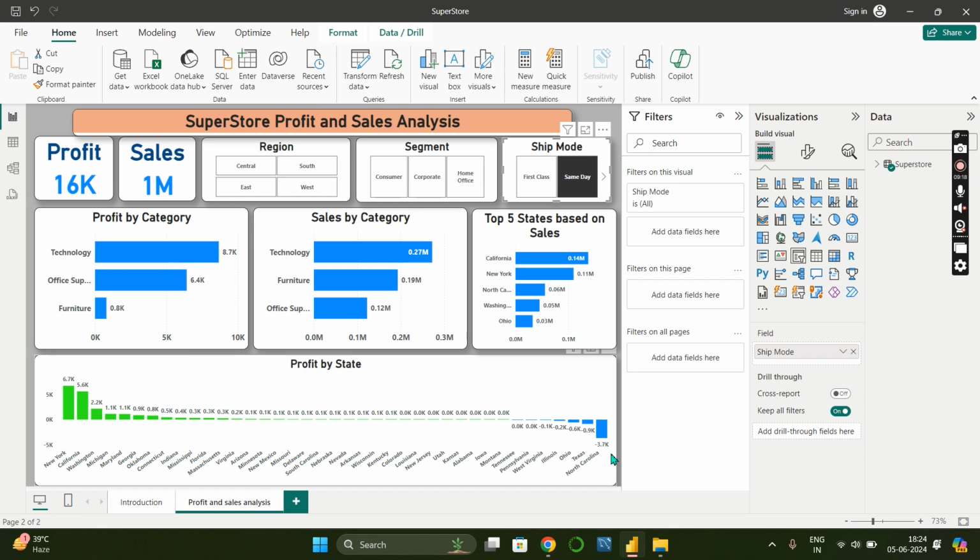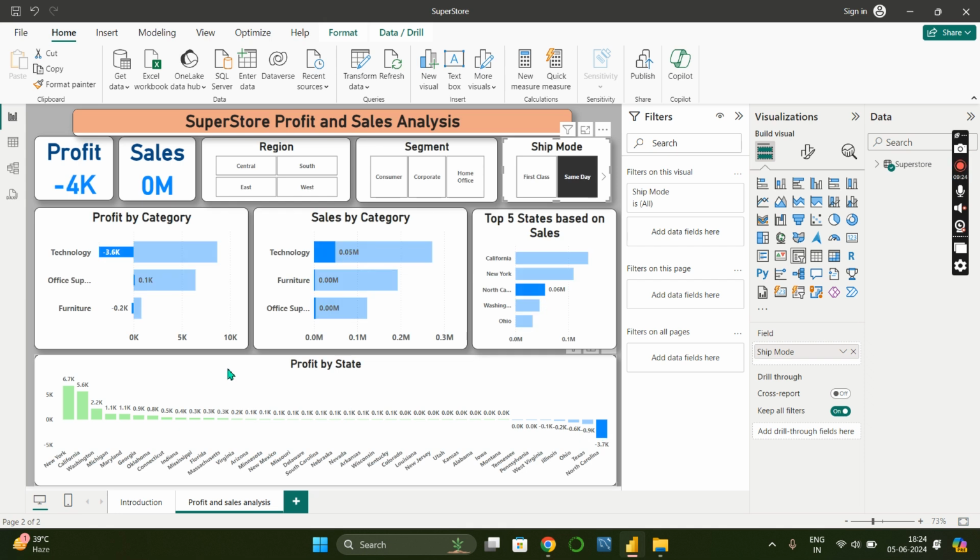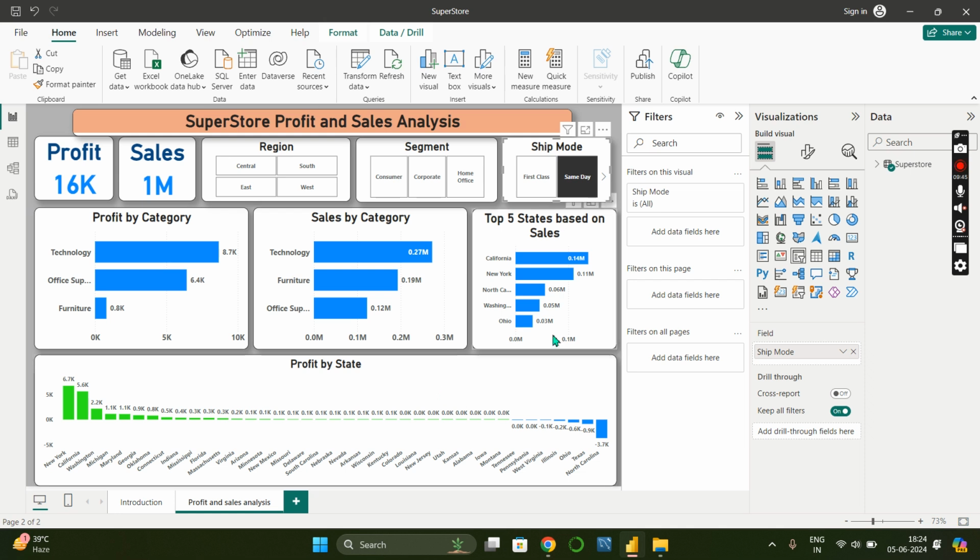Regarding states, some states are showing loss in the profit contribution. So the superstore should conduct some marketing campaigns in these states and try to attract those customers by giving discounts and try to increase the profit there.